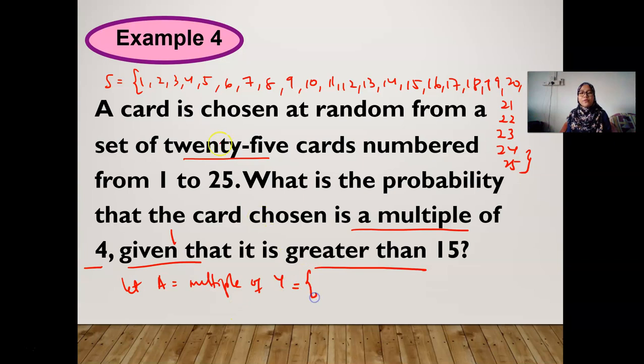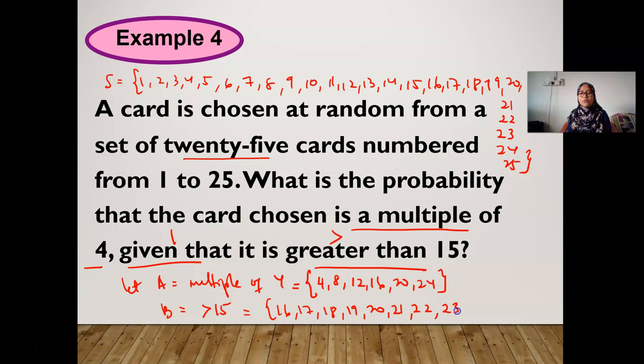So what is a multiple of 4 in this case? 4, 8, 12, 16, 20, 24. And then B is greater than 15. Greater than means just greater than, there is no equal to. So this is 16, 17, 18, 19, 20, 21, 22, 23, 24, 25.